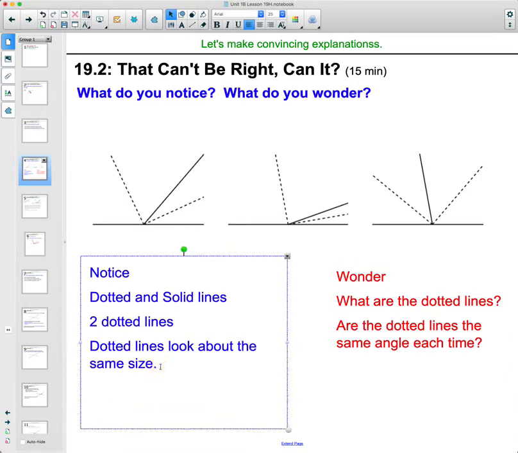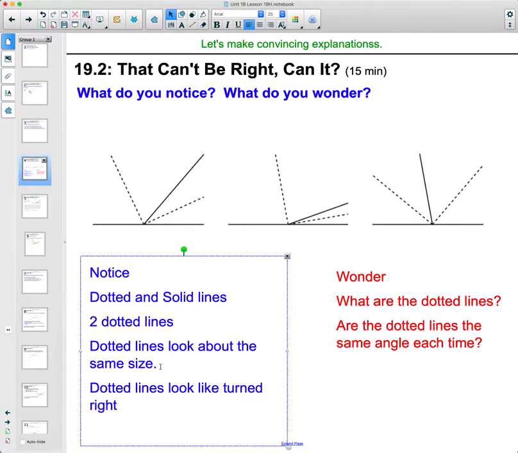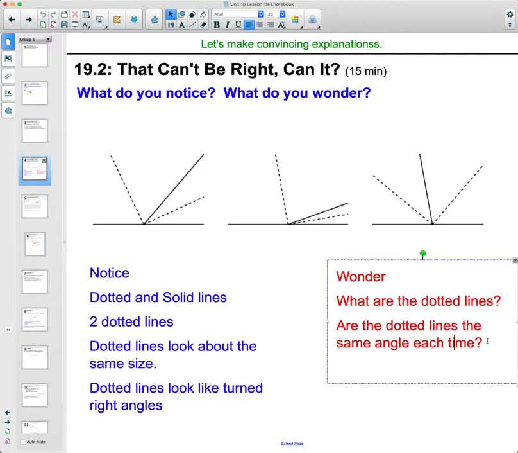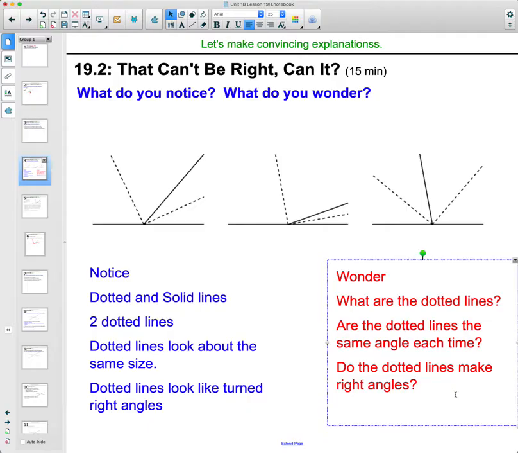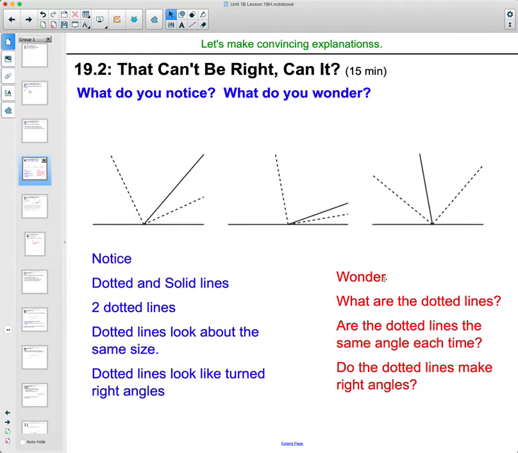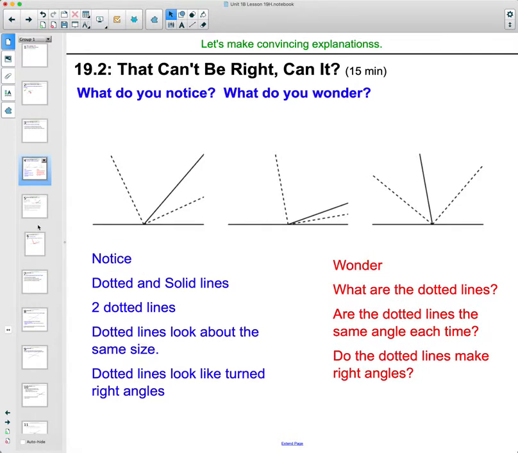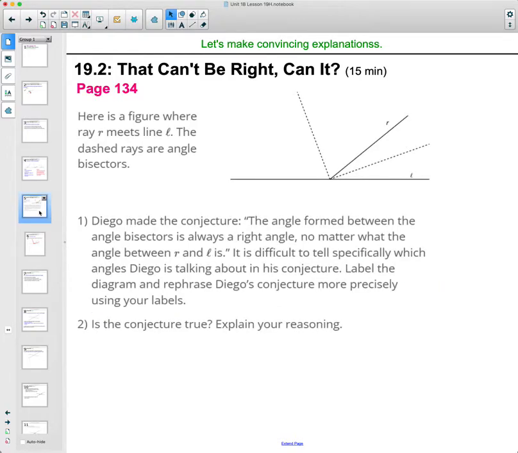People noticed that the dotted lines look like they turned right angles, which then people also wondered, do the dotted lines make right angles? Okay, so a couple of different things, and again, you could have noticed other things and wondered other things. This is just a few of the notice and wonders that we talked about. So then let's take a look.